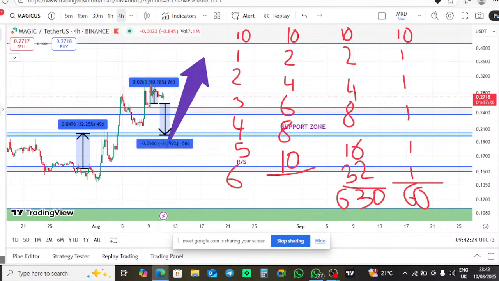Now let's add here, on this strategy. This is 30 now, because it is first buy plus 20.